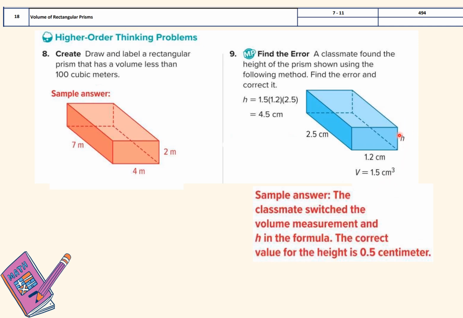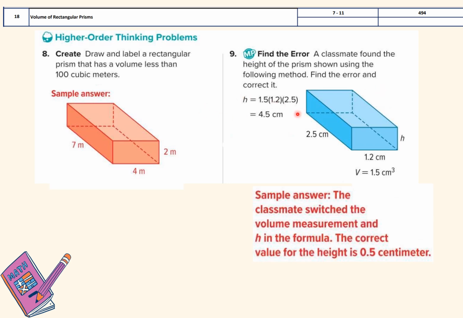The height is missing and we need to find it. To find the volume, usually, or actually the method is to multiply the length, the width, and the height. So when you find one of the missing dimensions, you need to reverse that process. So you need to use division.